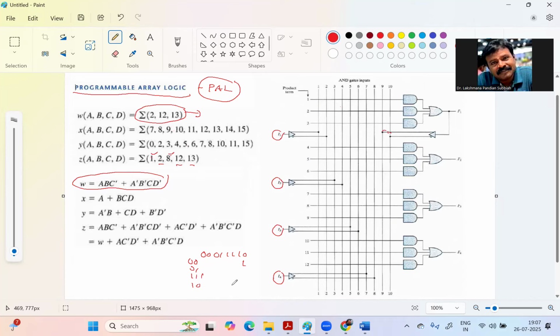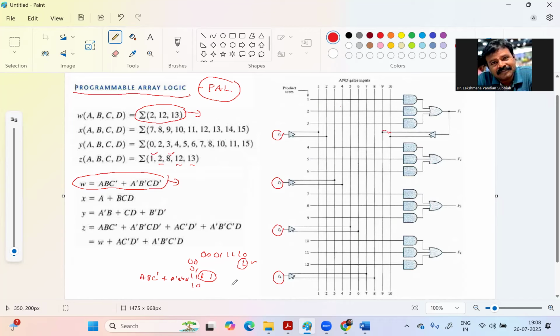So 12 and 13 form one pair, and this one is alone. The function is ABC dash plus A dash B dash CD dash.